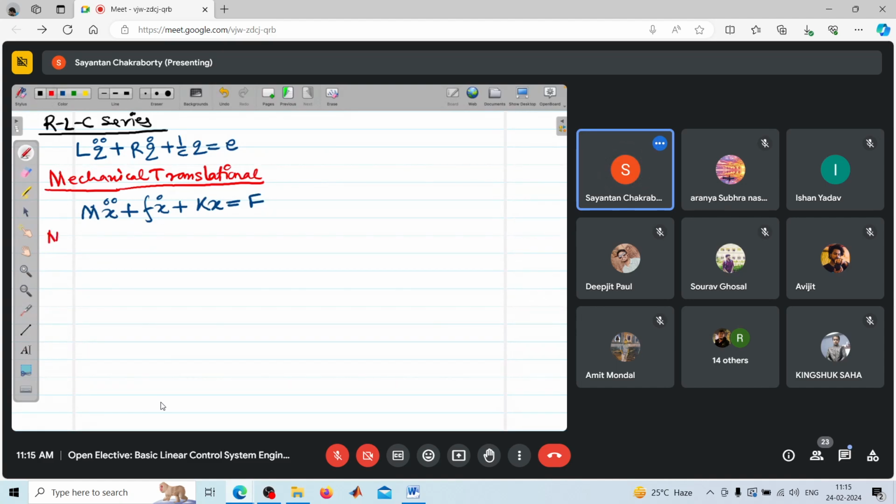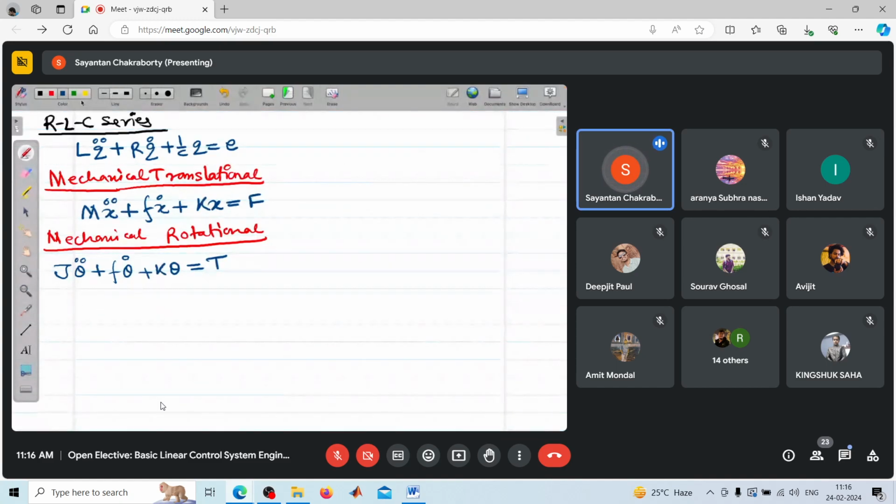Similarly, for the mechanical rotational system, what do you have? J theta double dot plus f theta dot plus k theta equal to T.